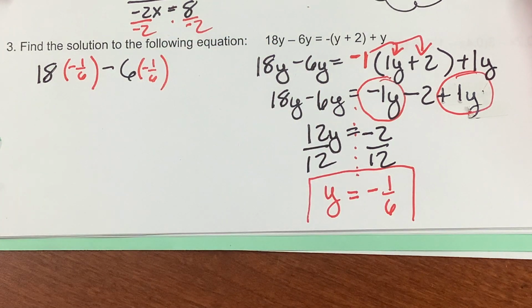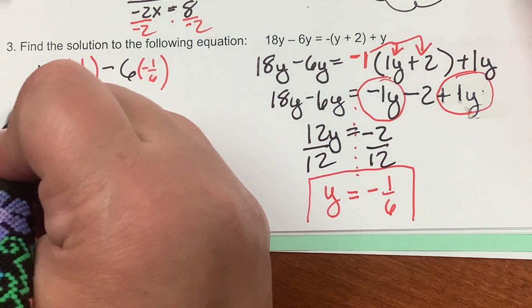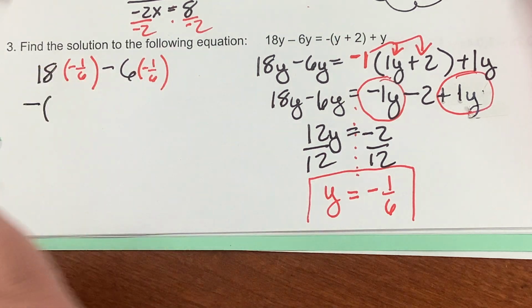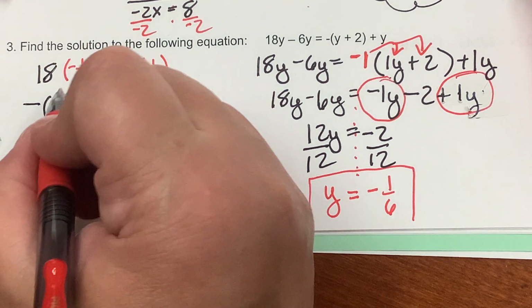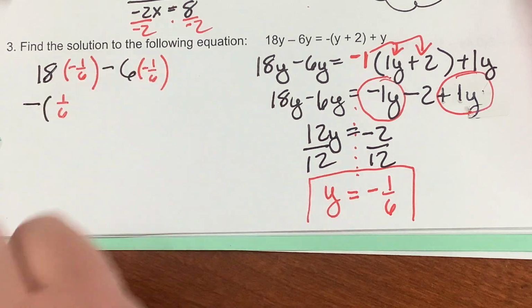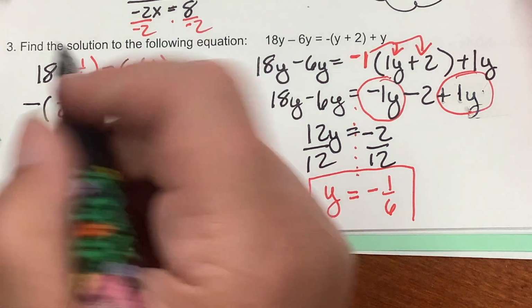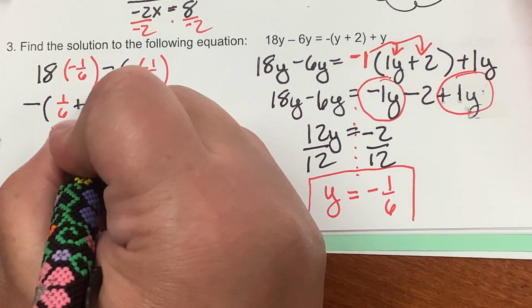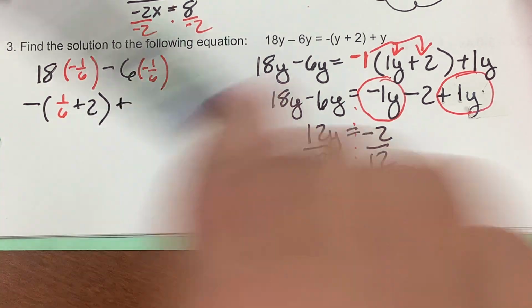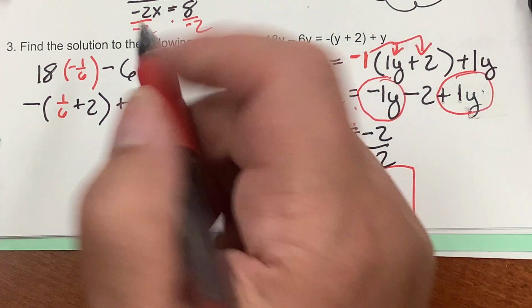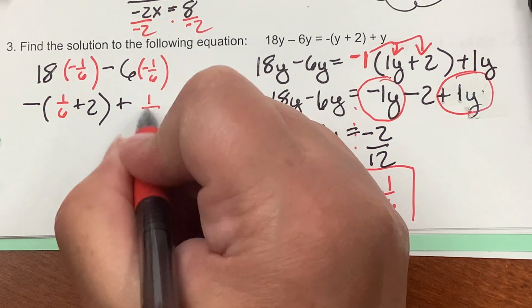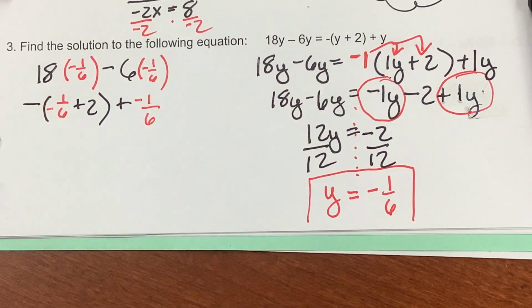I'm also going to put it on the other side of the equation. Negative parenthesis 1/6 plus 2 plus 1/6. Oh, I would have done it wrong. Those are both negative 1/6.